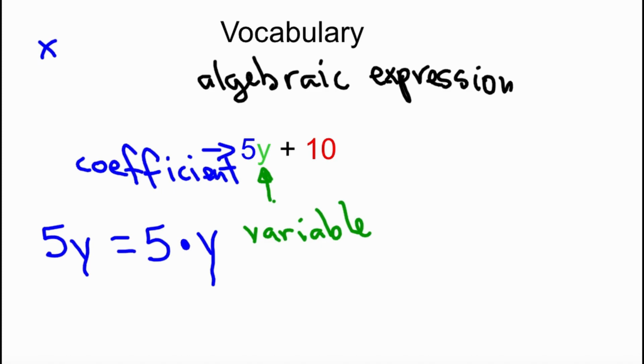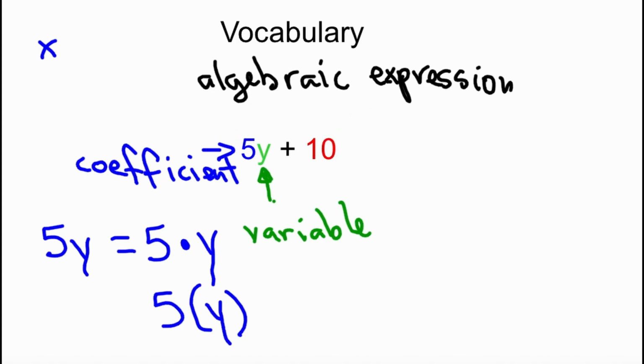So in order to not get confused, we no longer use the x as multiplication. We use a dot. As you go further along, you will also start using parentheses to represent multiplication. For example, 5 parentheses y. Okay? Now, the coefficient is multiplying the variable.